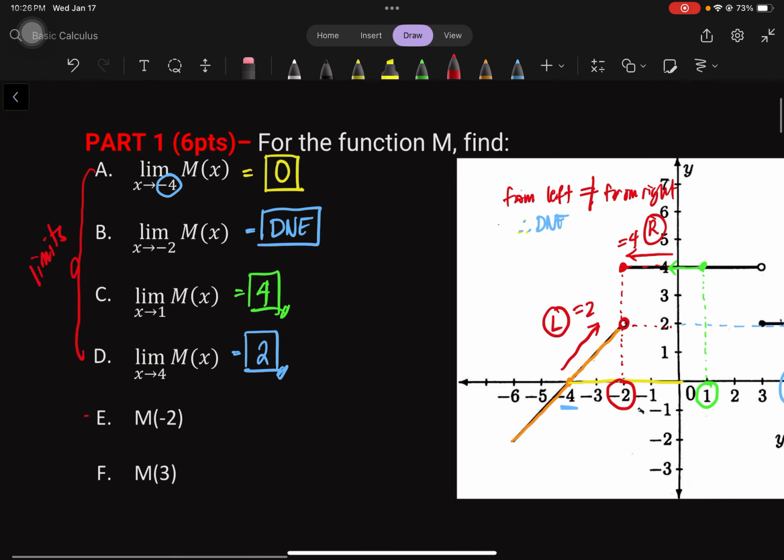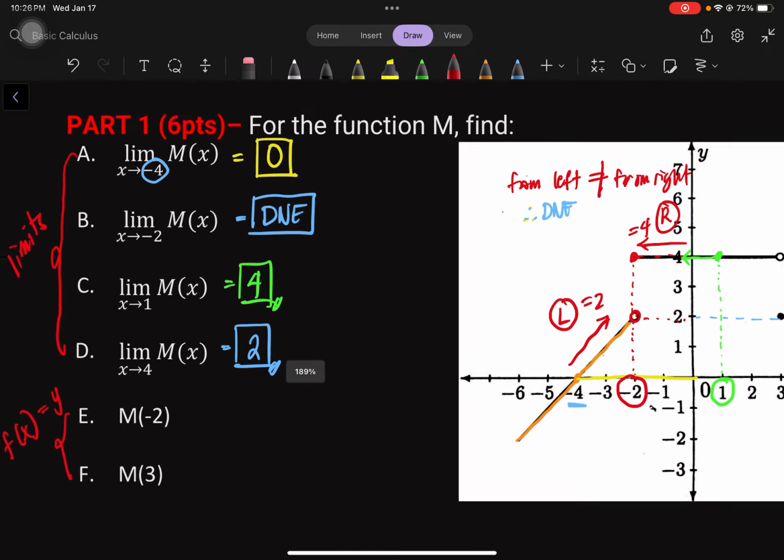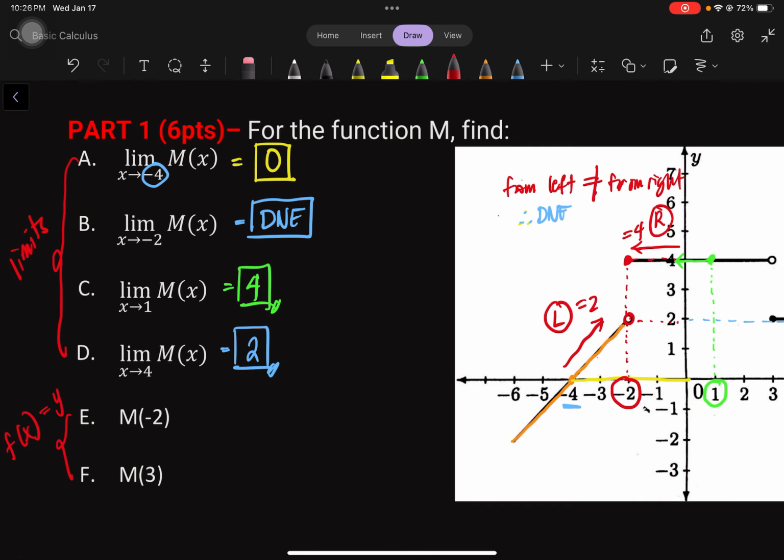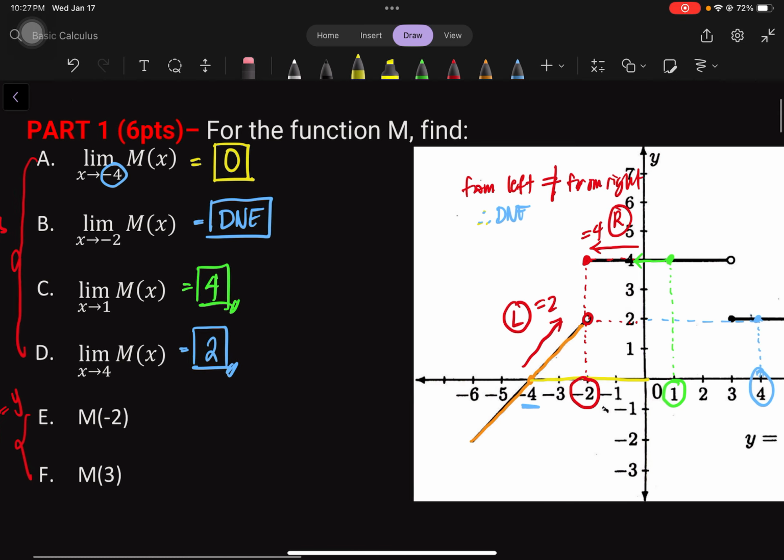Dito naman sa part na to, yung f of x, yung value ng function natin. Ano yung value ng y natin? Okay, pag ang x daw ay negative 2, anong value ng y? Nasaan ang negative 2? Ayan, ito. Ito ang negative 2. May dalawa tayong value ng y. Isa dito, gamit tayo ng red, at isa dito.